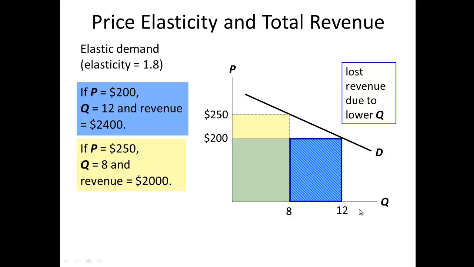So as you can see, a $50 increase will cause a decrease of 4 units. And so when we look at the total revenue, the decrease in quantity is larger than the increase in price. This is what we call the quantity effect.